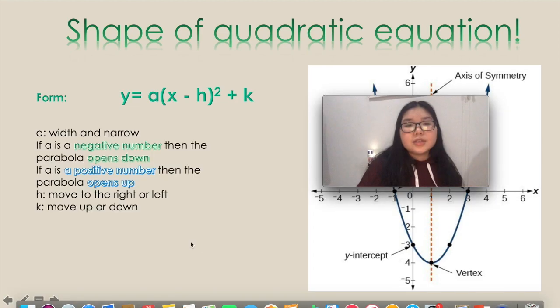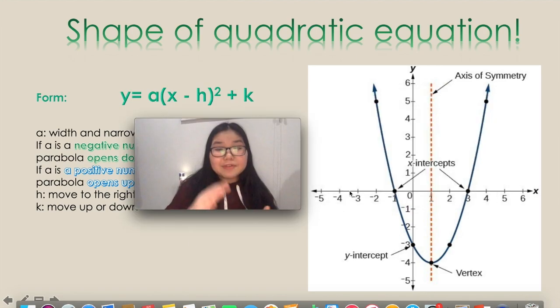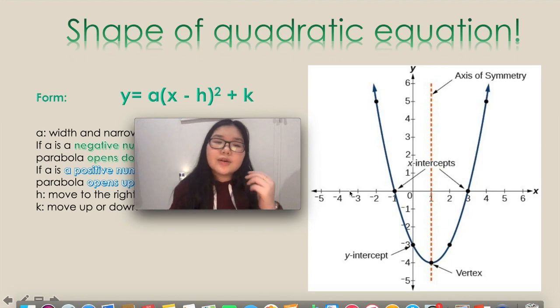Here you can see the explanation for the symbols in the form. A controls wide and narrow. If the value of a is more than 1, your parabola is narrow. If the value of a is less than 1, your parabola is wider.